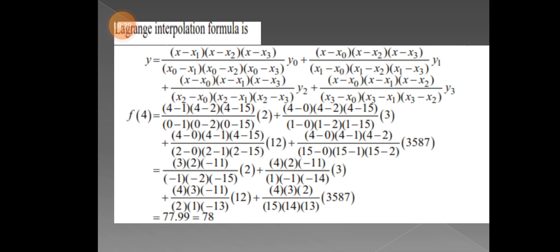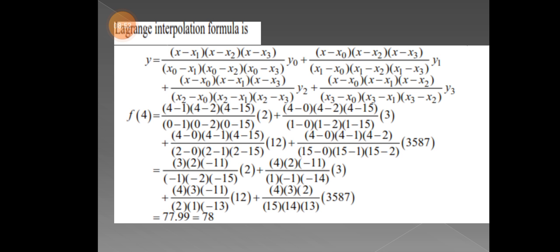And then after this calculation, first you calculate the numerator values, then the denominator values, then divide both the values and write. That was done here as equal to 77.99, which is approximated.